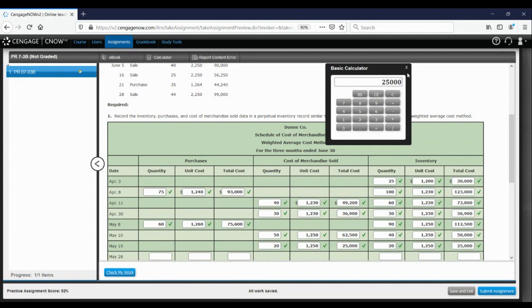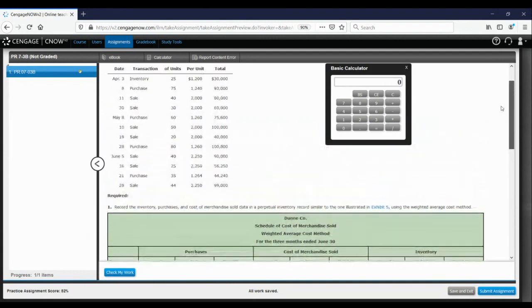On May 28th, we are purchasing 80 more units at $12.60. That's what it cost us, for a total cost of $100,800. We would debit our merchandise inventory and credit accounts payable for $100,800.